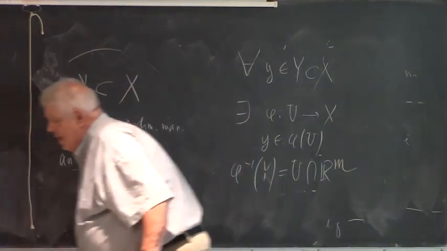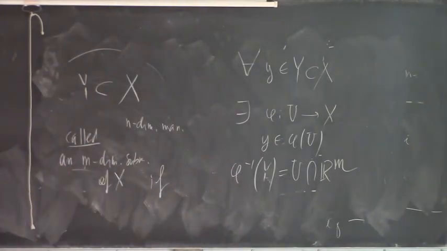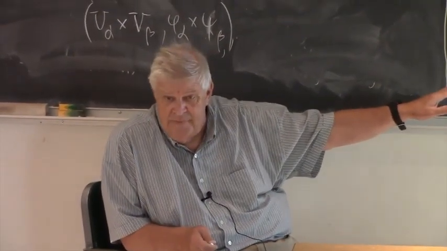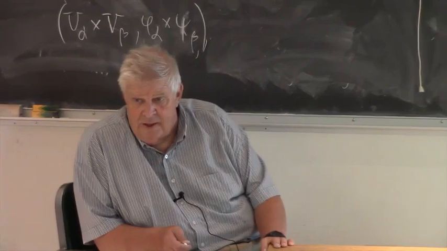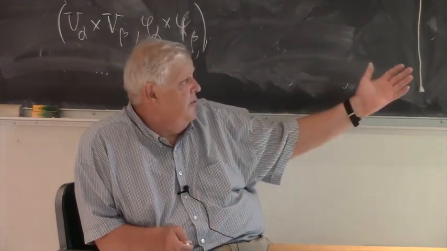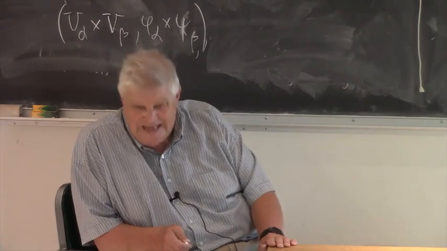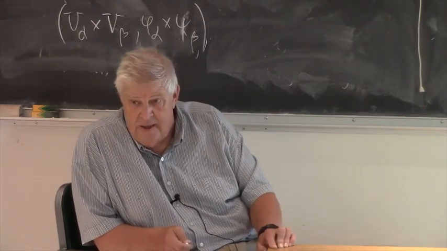I consider R^m as a part of R^n, for example, the m-dimensional plane spanned by the first m coordinate axes. So this is the definition. It is a submanifold. And this definition shows immediately that this submanifold is a manifold.